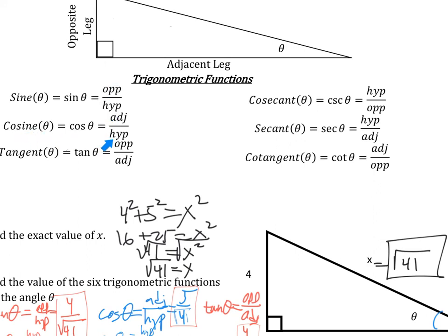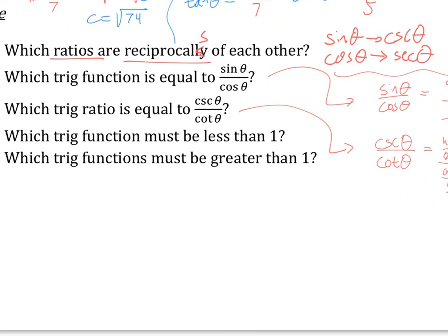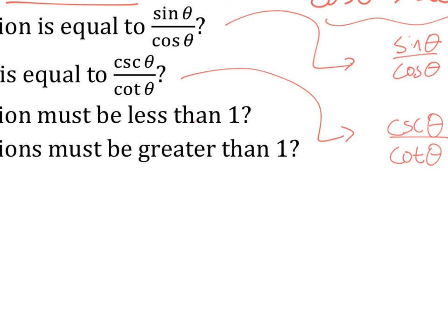Cosine is always going to be less than 1 because the hypotenuse is largest here. Tangent, we don't know which one is largest. But sine and cosine will always be less than 1. So which ones will be less than 1? That will be sine and cosine.